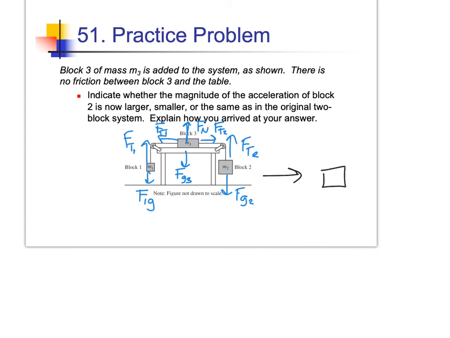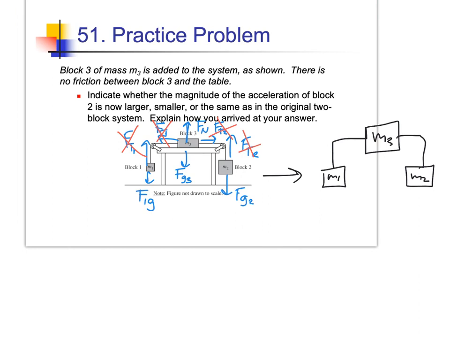So we have our block M1 here, connected by rope to block M3, connected by rope to block M2. And if we think about the forces that really are responsible for accelerating the system, it's not any of the FTs. They just hold our system together.